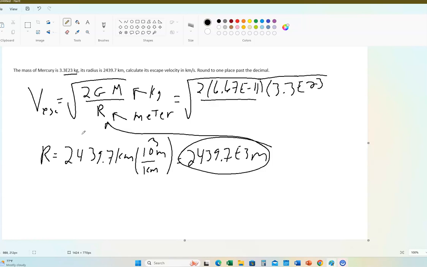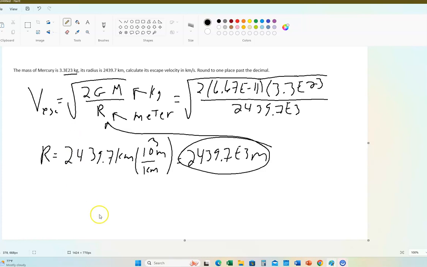Remember, all this is under the radical, under the square root, divided by 2439.7 times 10 to the third.